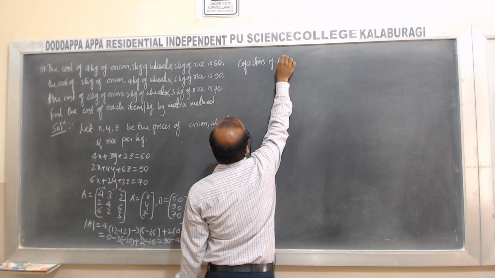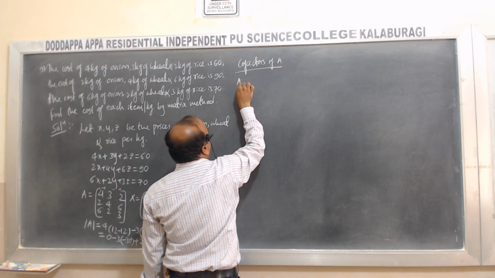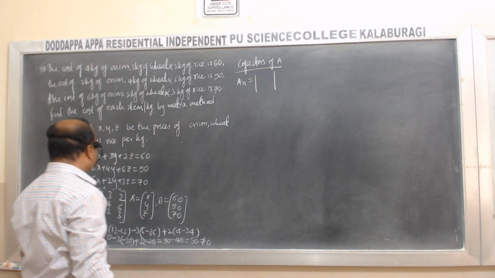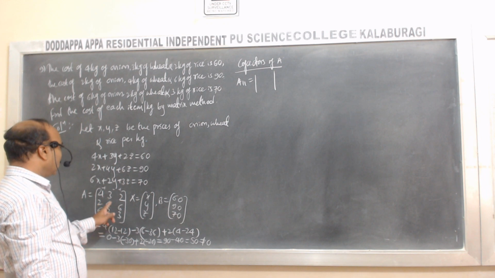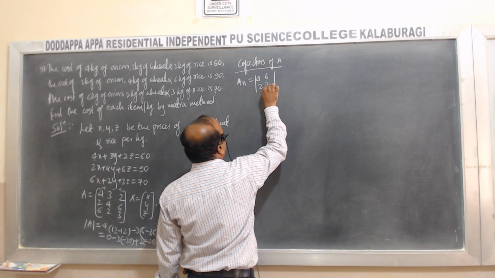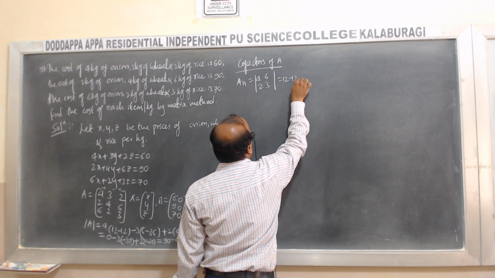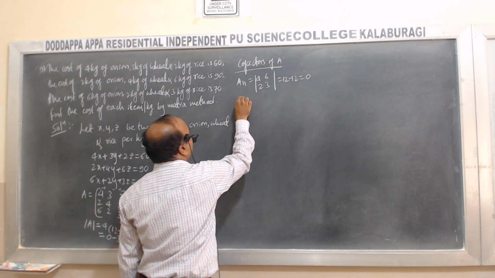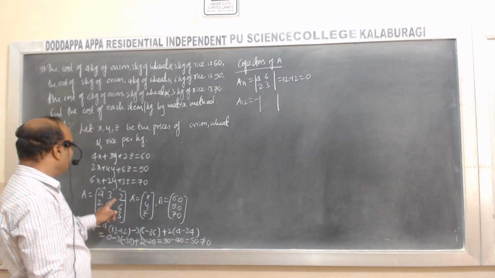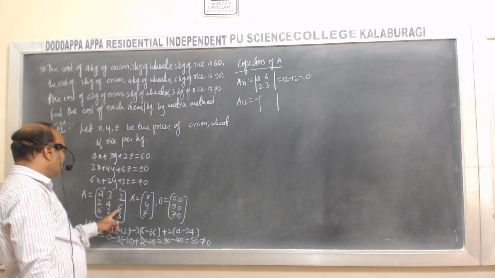Cofactors of A. First we write A11. It is the determinant of, deleting this column and row, we get 4, 6, 2, 3. So it is 12 minus 12, it is 0. A12, minus of the determinant, deleting this column and row, we get 2, 6, 6, 3.